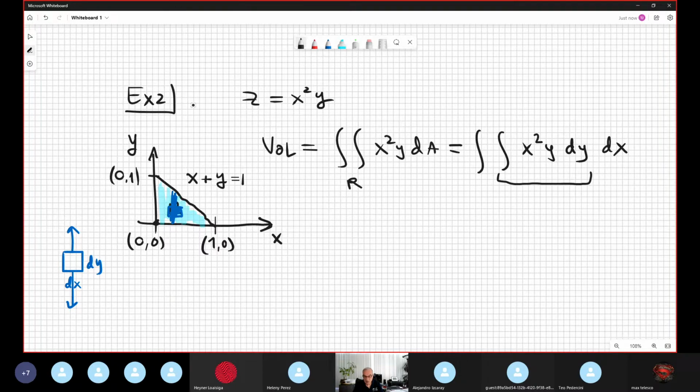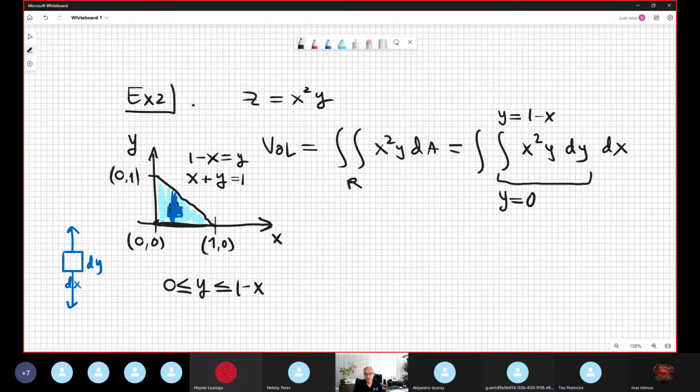The limit here is a y value, from y something to y something. And y, I see in the region, varies from 0, at the bottom here, to the y of this line, which is 1 minus x equals y. Now it is 1 minus x.